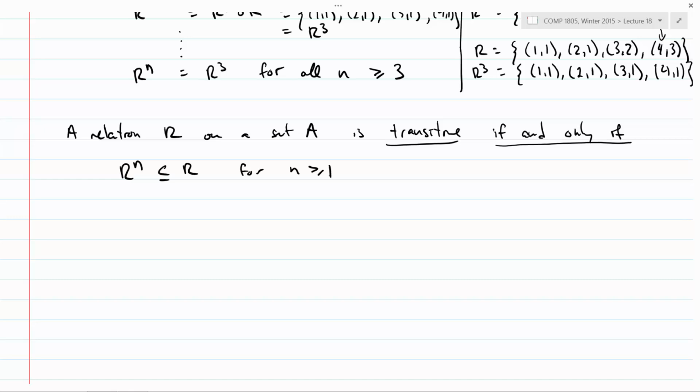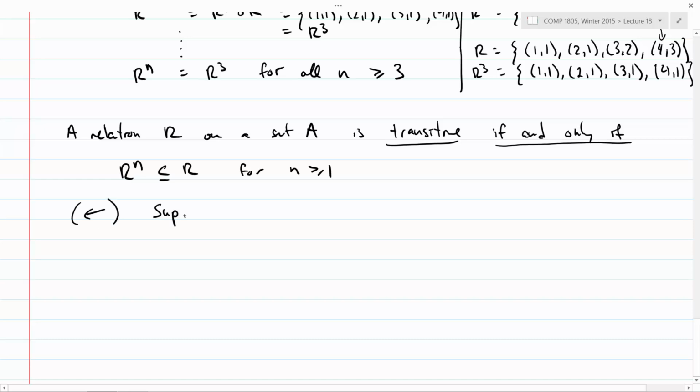This is an if and only if proof, which means I really have to do two proofs. I need to prove that a relation R on a set A is transitive if R to the n is a subset of R for n at least 1, and I need to prove that if R is transitive, then R to the n is a subset of R for n at least 1. So I need to go both ways. I'm going to go backwards first, so I'll indicate that with a backwards arrow.